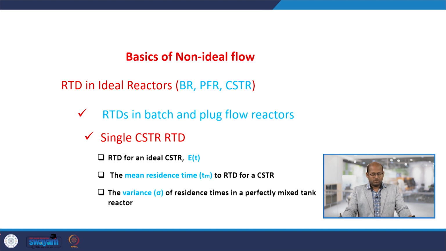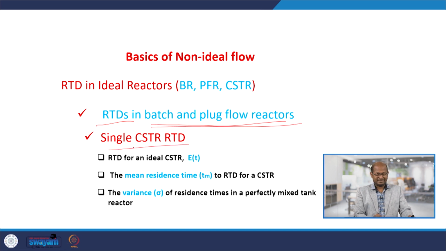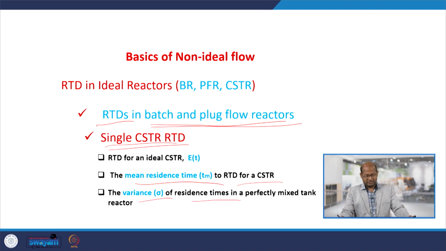First we will discuss RTD in batch and plug flow reactors, and then the residence time distribution function for a single ideal CSTR, then the mean residence time for a CSTR, and the variance of residence times in a perfectly mixed tank or CSTR.